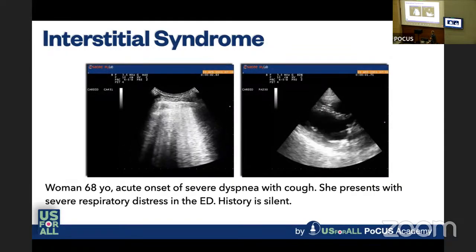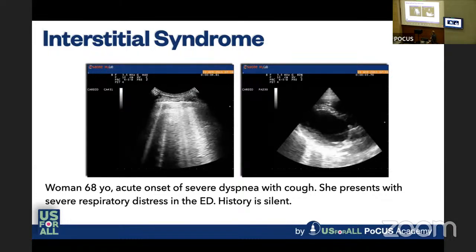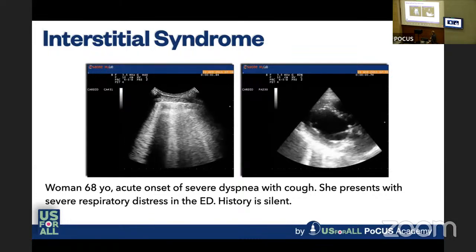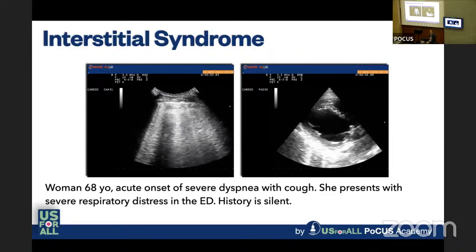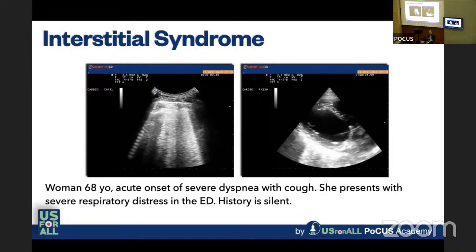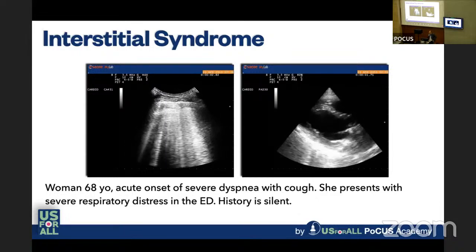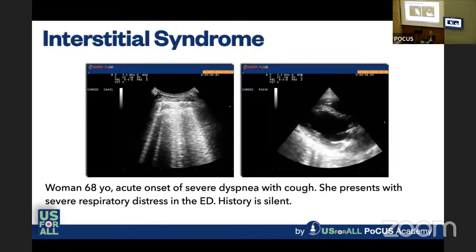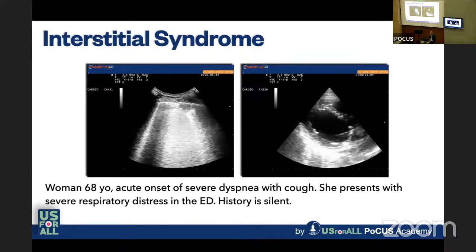Чтобы точно определить диагноз, когда присутствует B-линия, нам также важно иметь информацию о клиническом состоянии пациента и одновременно проводить эхокардиографию.